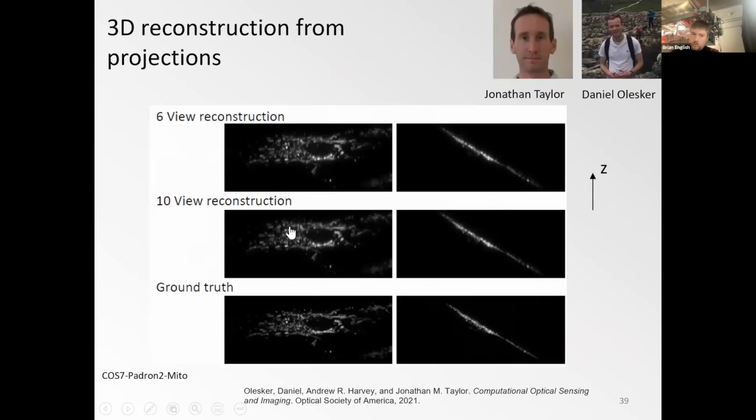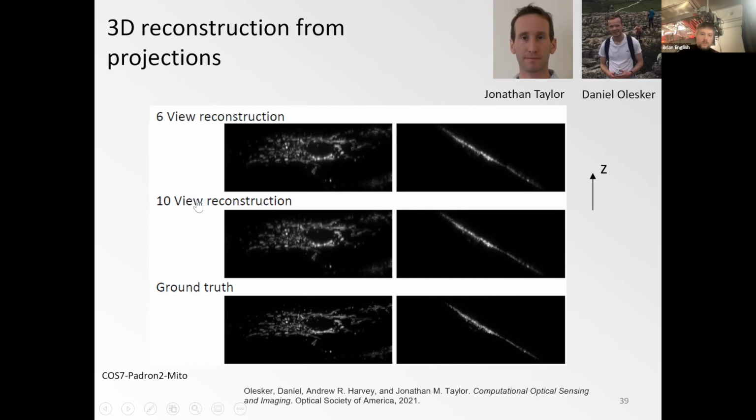Let me skip over this. These are two collaborators, Jonathan Taylor and Daniel Olesker, who have developed an algorithm for their own imaging needs that can infer 3D information from, say, two or more projections. Even though it was developed for other means, it can also be applied to the projective views.